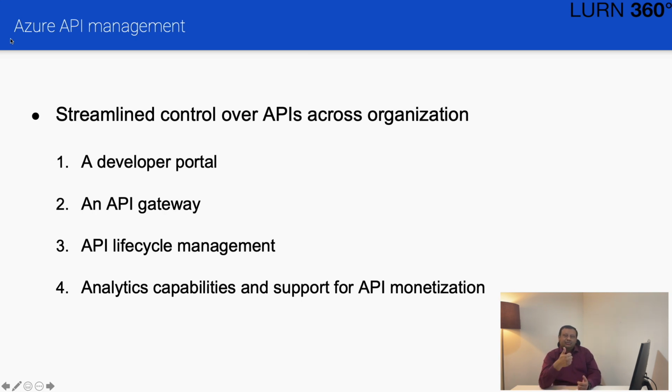And then there is the API gateway, right? That's the most important part of API management. The API gateway is a wall, a facade between your organization's systems and the outside world, right? You don't want the outside world to see where each API is hosted, what each API does.